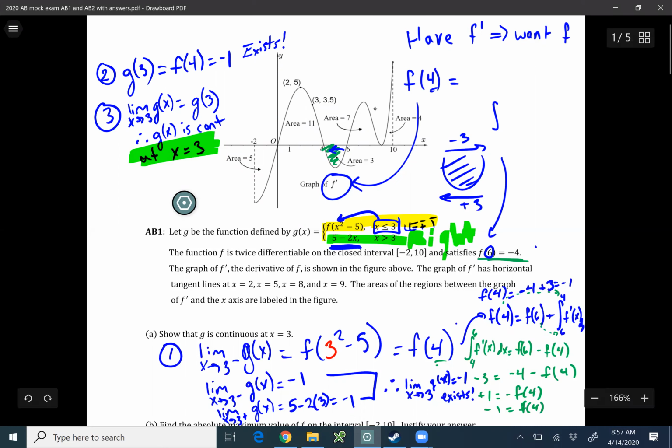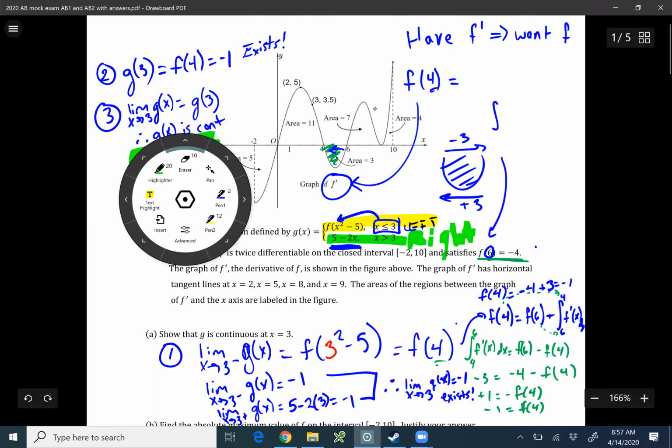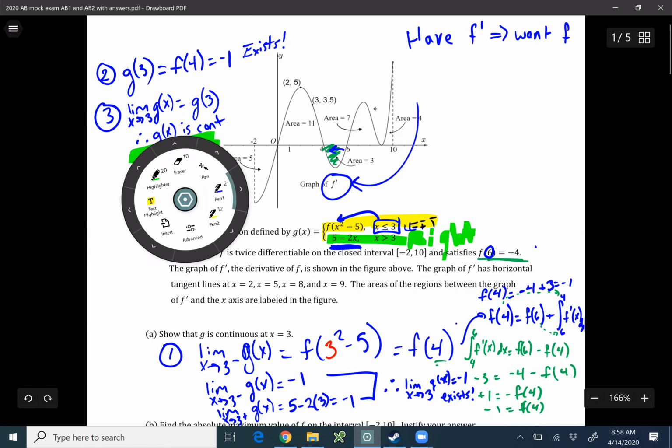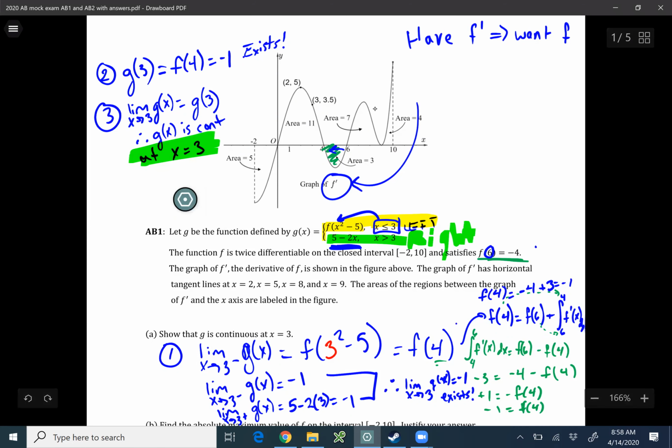It's really the same either way. It's just kind of personal preference. A lot of people like to always do FTC, which would have been saying, okay, we're just going to go the integral from 4 to 6 of f prime of x dx, because I know those 2 points, and that's going to become f of 6 minus f of 4, and then I can solve for f of 4 later once I plug everything else in.